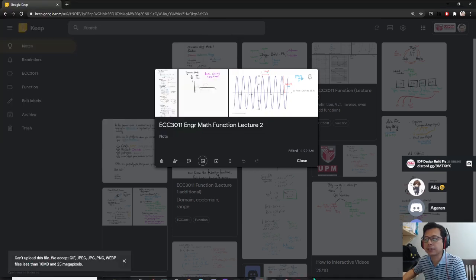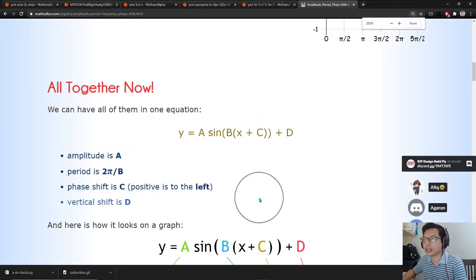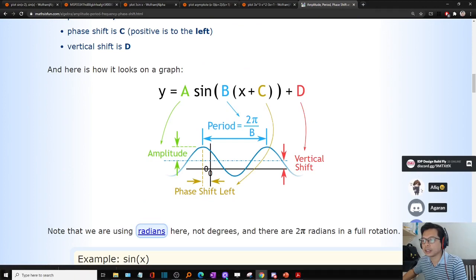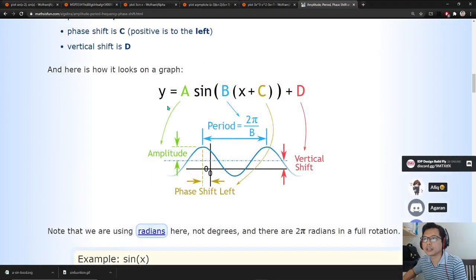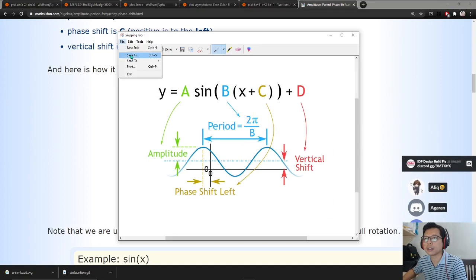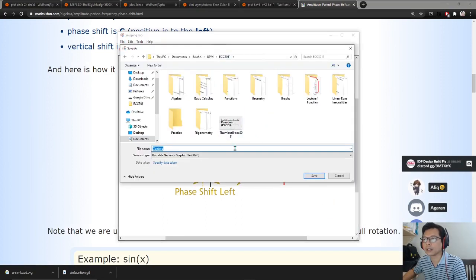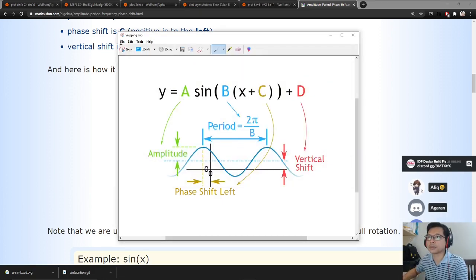What? Cannot upload this file? Why? Looks like I have to use my hacking skills. Capture. Okay.